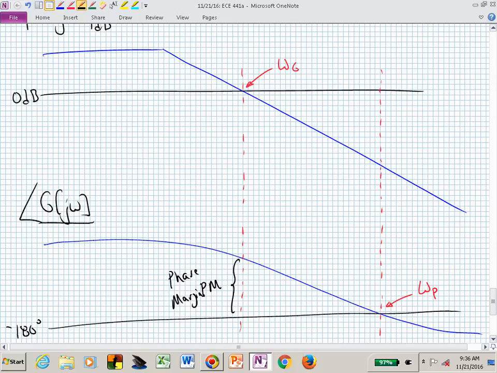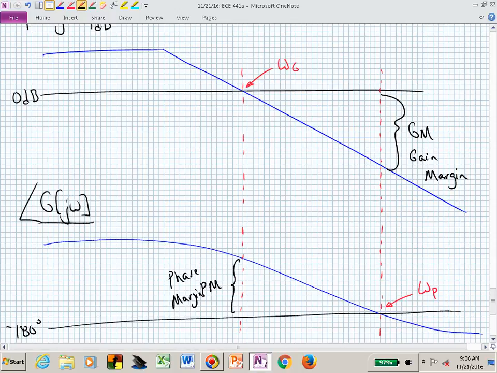Now, how much can we increase the gain before our phase is minus 180 and our magnitude is 1? We have all of this margin, which we call GM, and that's our gain margin. If that blue curve of our magnitude was above 0 dB when the phase crossed minus 180, then we could have problems.